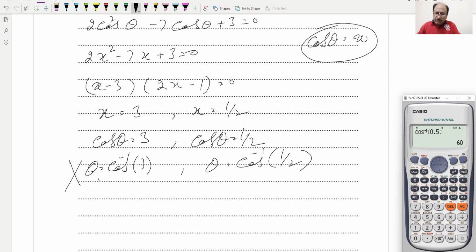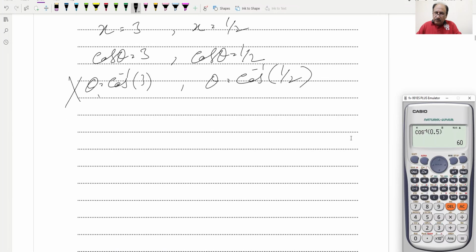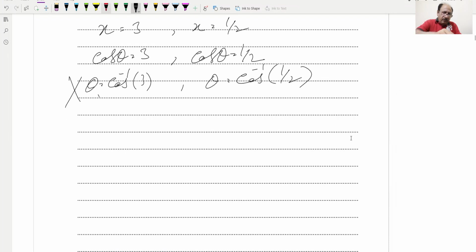Now cos 60 degrees we can understand if we roughly sketch the cos graph.